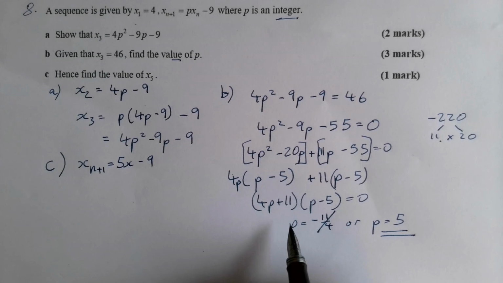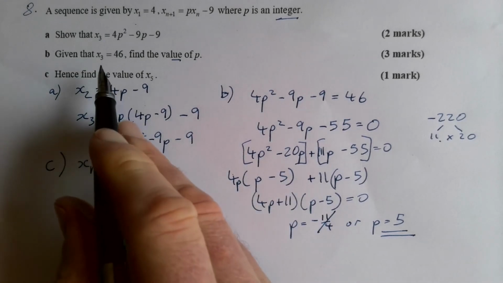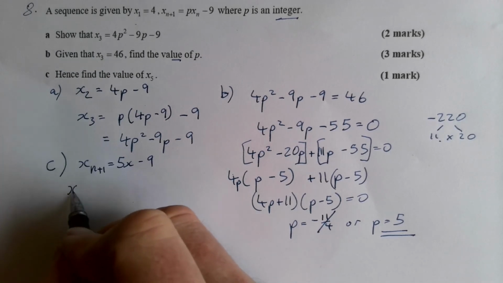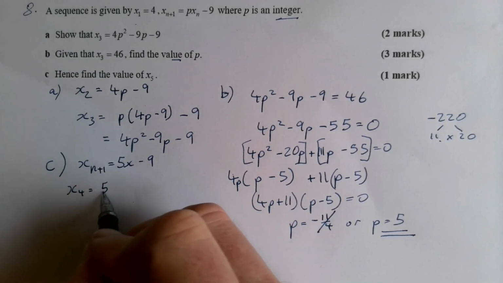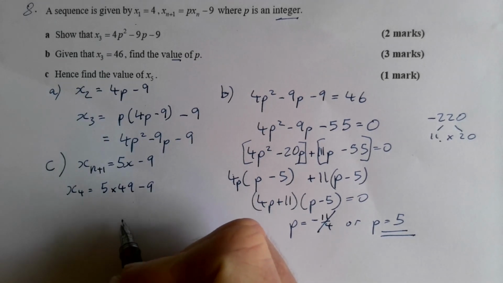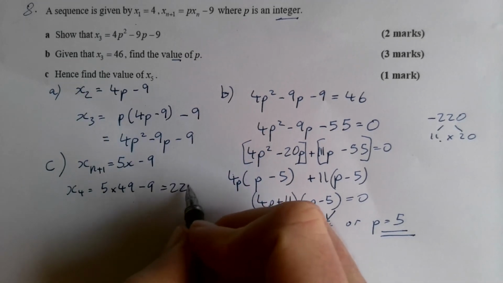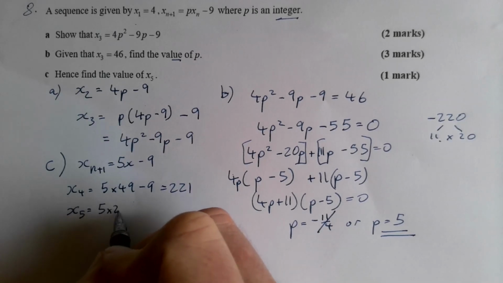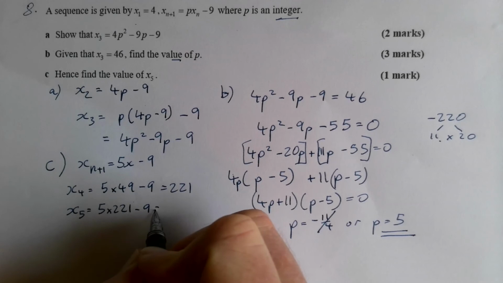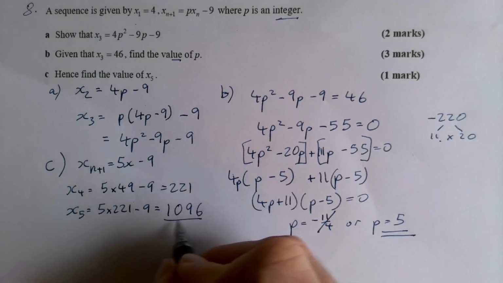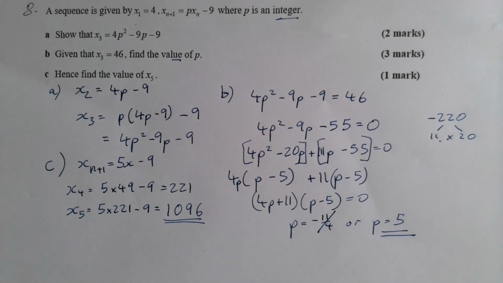So if we know that x3, the third in the sequence, is 46, the fourth in the sequence is going to be 5 times 46 take 9, and that is 221. So the fifth is going to be 5 times 221 take 9, which is 1096 as your final answer.